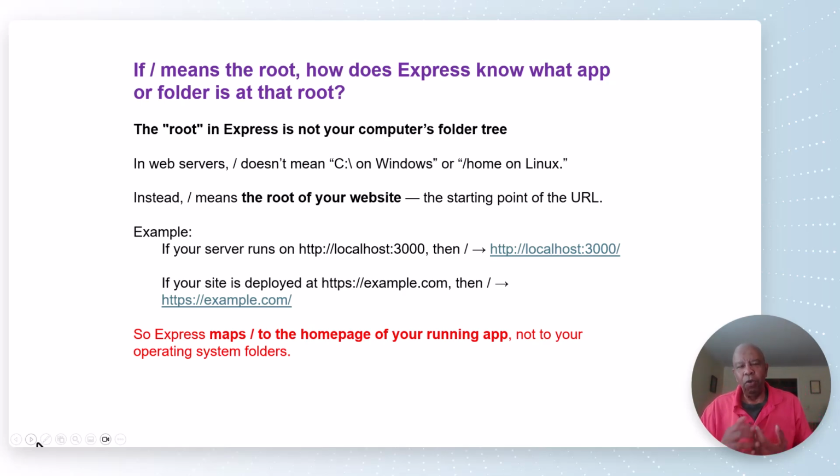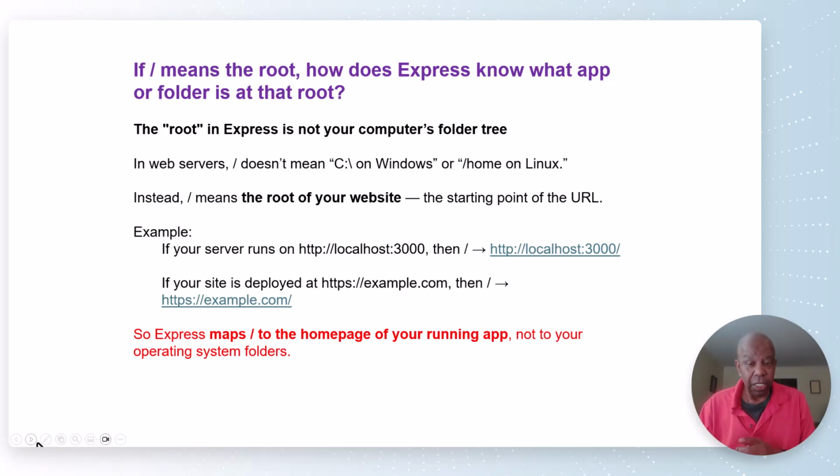Whenever you call a URL or click on a URL, that entry point into the website is the slash. For example, if your server runs on http://localhost:3000, and your site is deployed at that location, which happens to be the computer or laptop you are on, then that is where you would start.